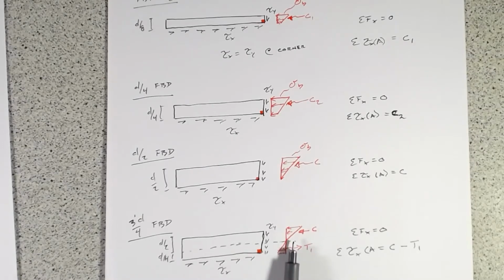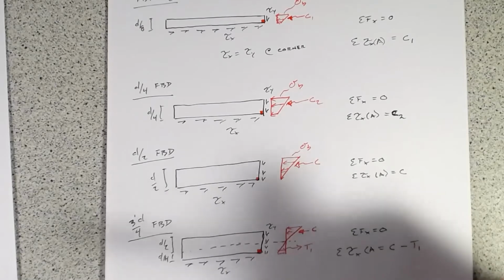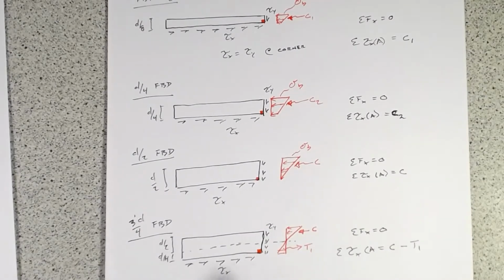Once we go past the neutral axis, then we have the tension force, so this longitudinal shear force goes down. We also learned from our previous lesson that at a corner, our longitudinal and our transverse shear have to be equal.